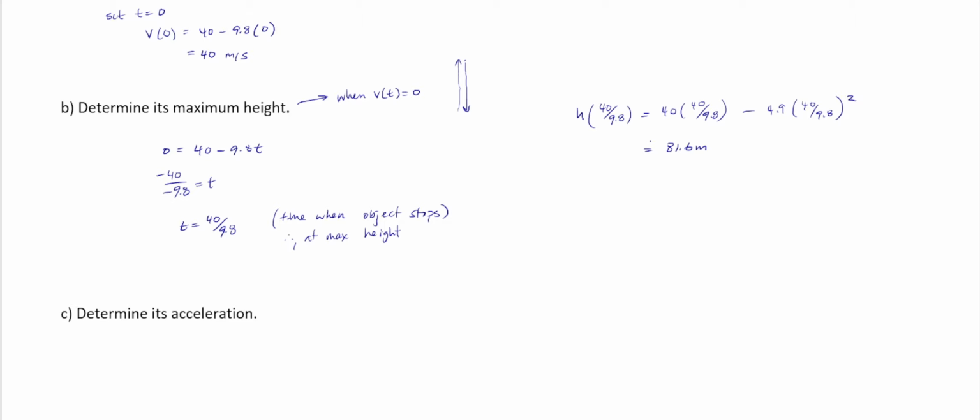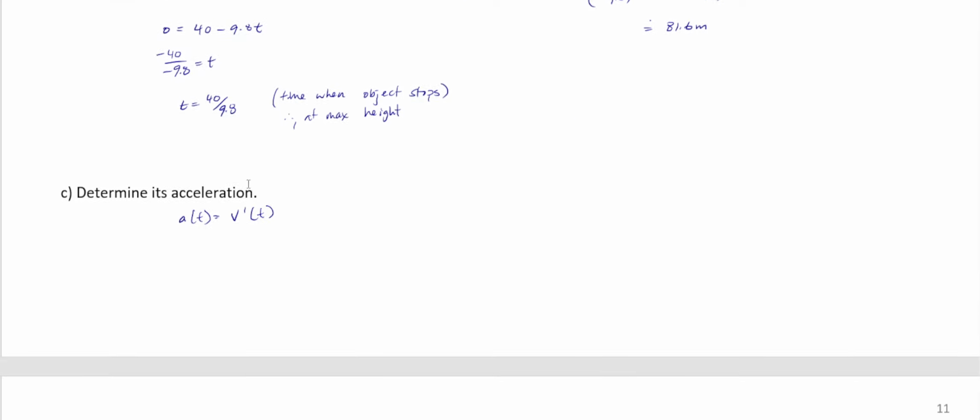And then it says determine its acceleration. Well, acceleration is pretty straightforward because acceleration is just the first derivative of the velocity function. So if I have my velocity function, which is given by 40 - 9.8t, then my acceleration function is, well, the first derivative of 40 is 0, and the first derivative of -9.8t is just -9.8.